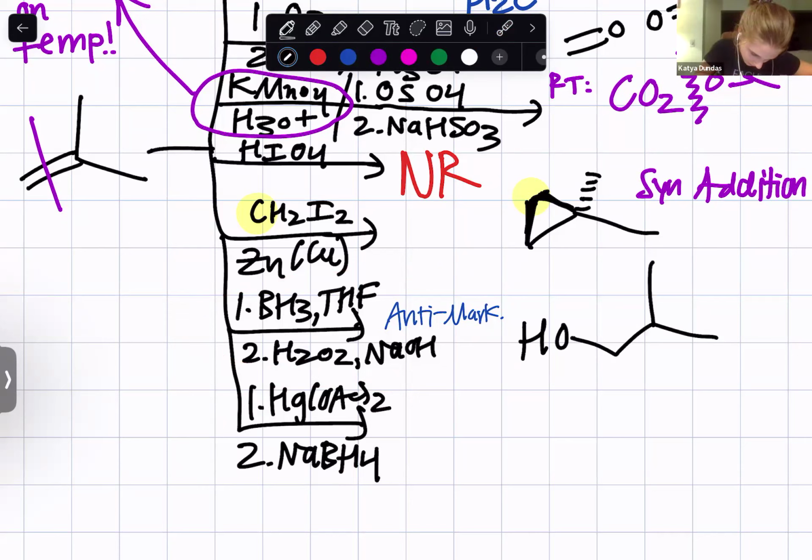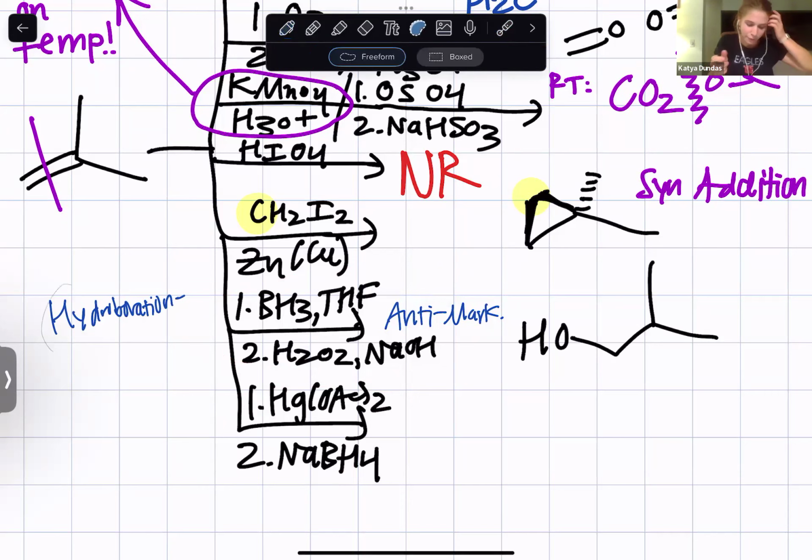Wait, was I doing this correctly? That is not what I had drawn. Oh, I got confused because I thought it was hydroboration or whatever. Oh, this is hydroboration oxidation. Yeah, no, I was looking at something else. I was looking at something with two ketones before I got on the call with you, and it was a different reaction.